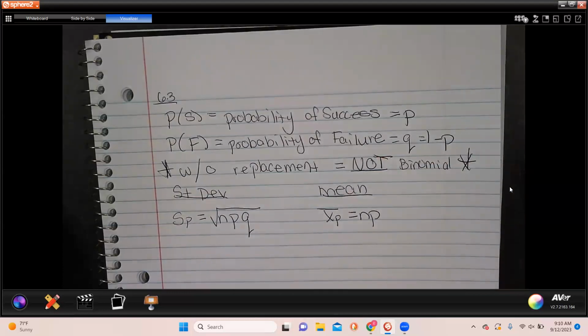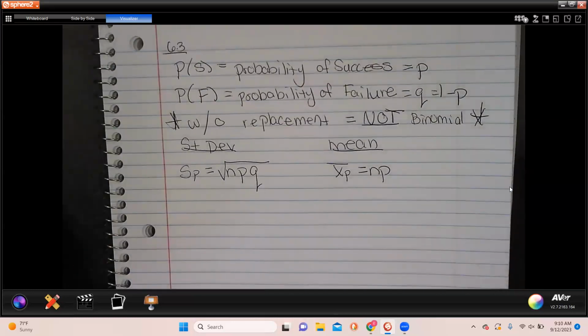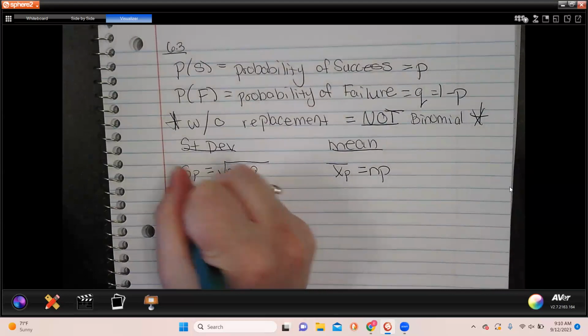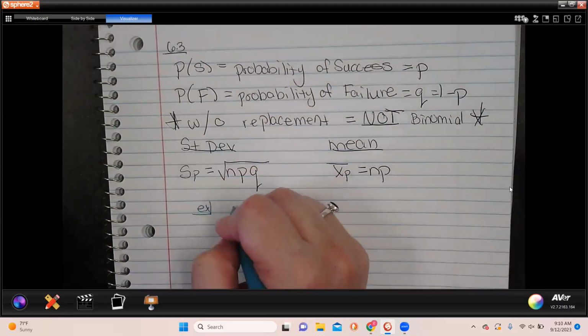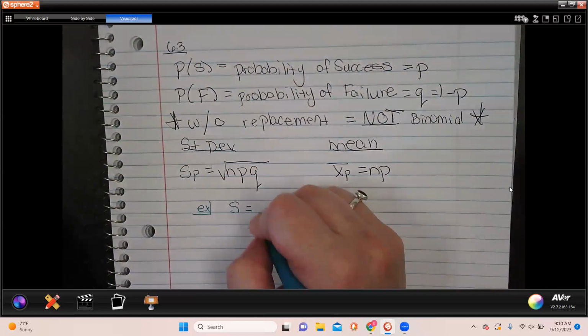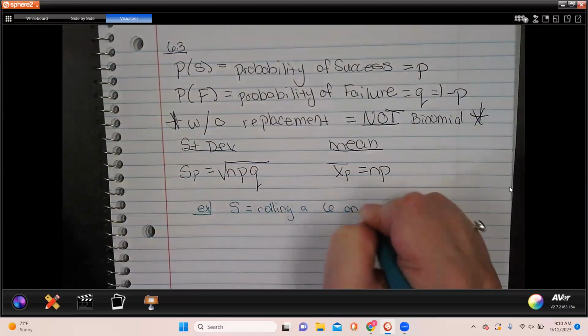Okay. So I can give you an example. I'm still going to use the 6-sided dice. So I'm going to say a success is rolling a 6 on a 6-sided dice.